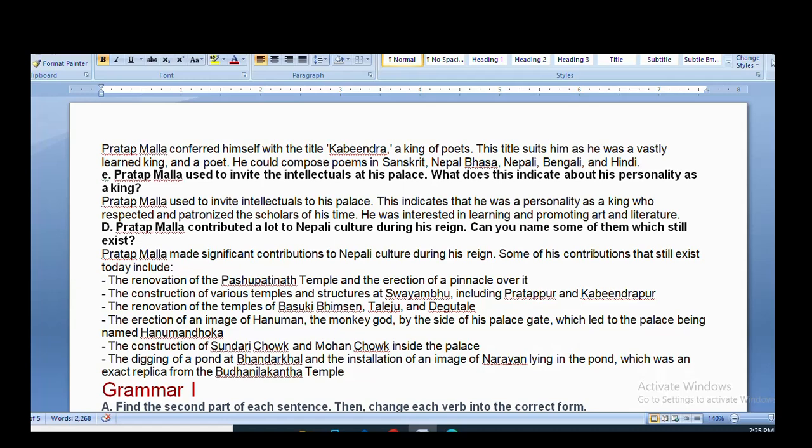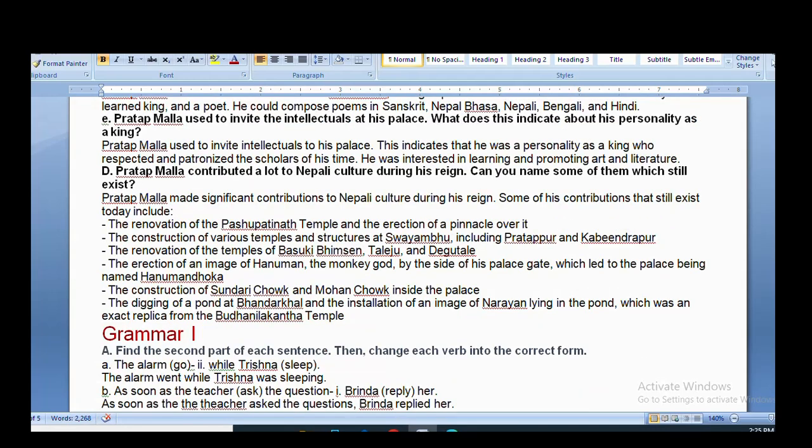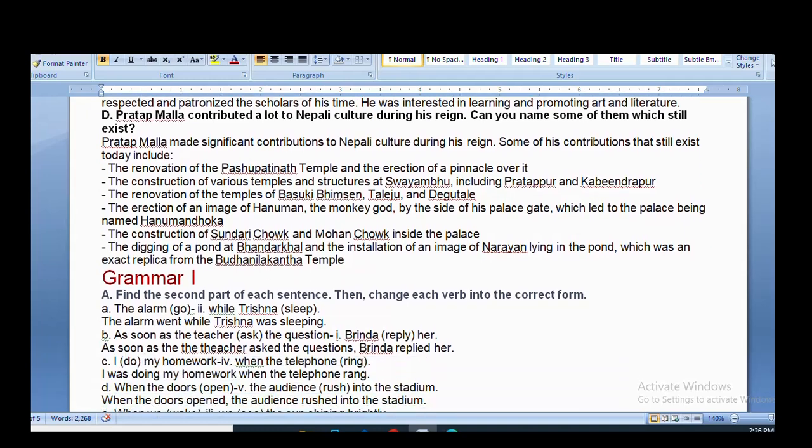Some of his contributions that still exist today are the renovation of Pashupatinath temple and the erection of a pinnacle over it, the construction of various temples and structures at Swayambhu including Pratappur and Kavindrapur, the renovation of the temples of Basuki, Bhimsen, Taleju and Degutale, the erection of an image of Hanuman, the monkey god, by the side of his palace gate, which led to the palace being named Hanuman Dhoka, the construction of Sundari Chowk and Mohan Chowk inside the palace, the digging of a pond at Rani Pokhari, and the installation of an image of Narayan sleeping in the pond, which was an exact replica of the Budhanilkantha temple.